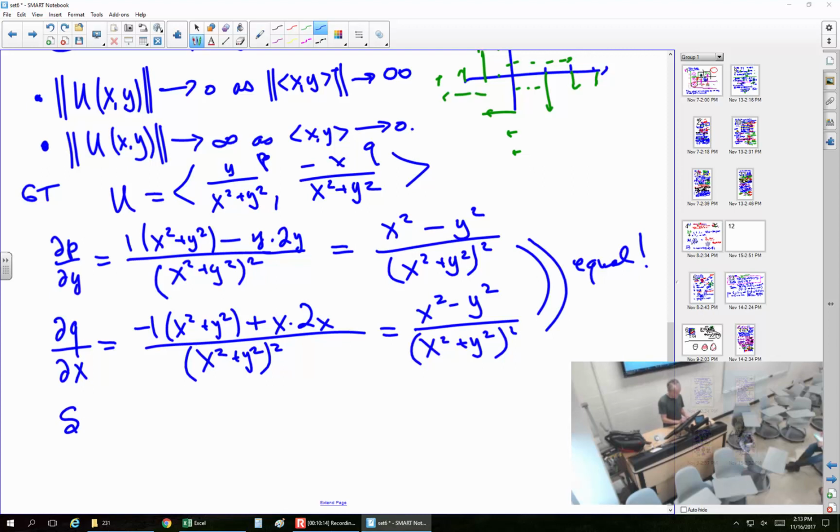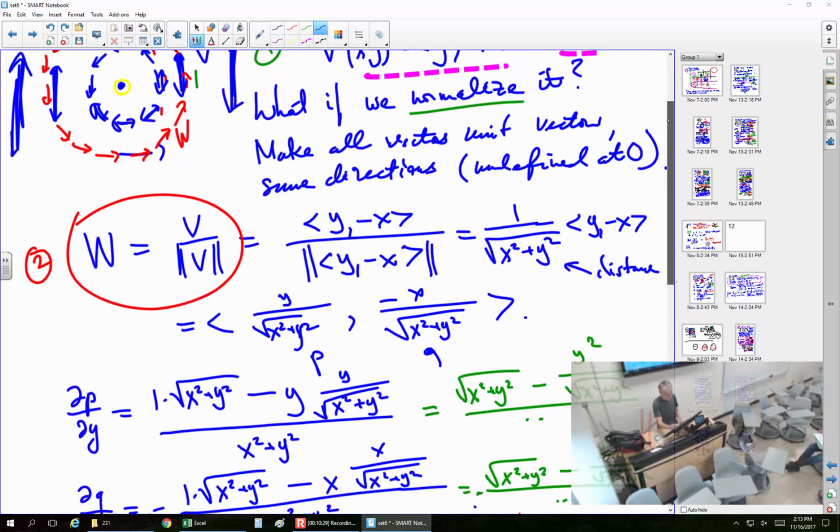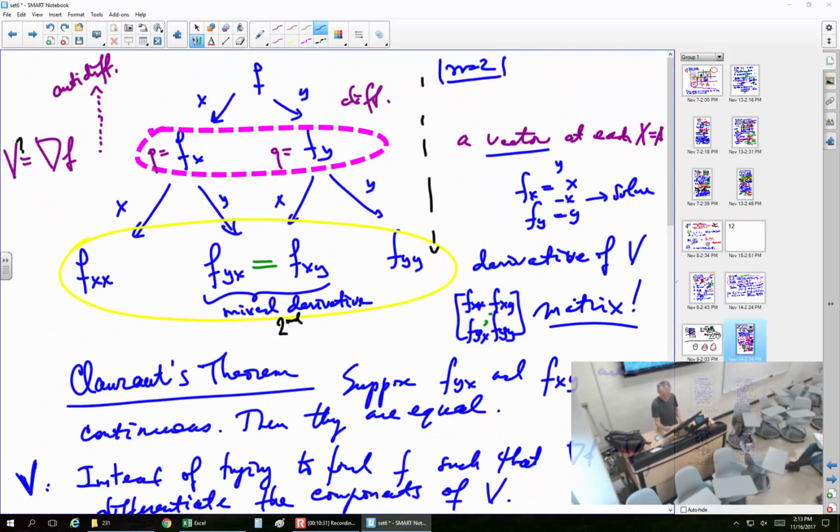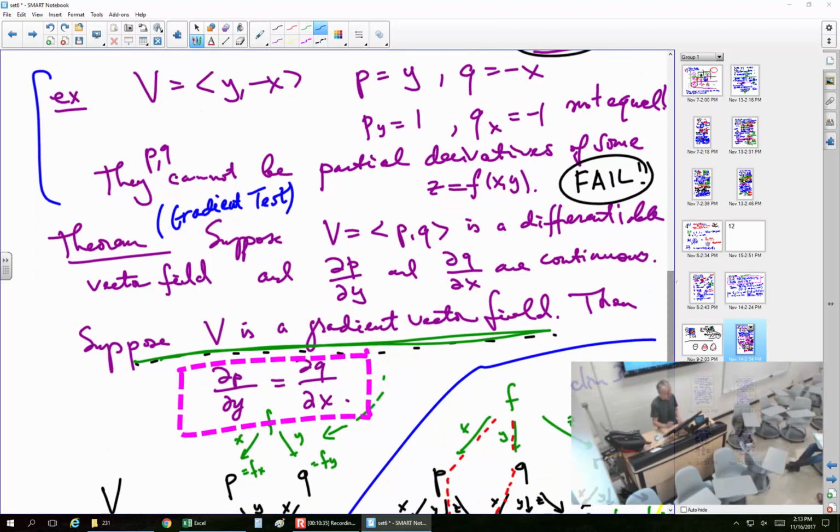So what's the conclusion? U is the gradient of the vector field? No. U is, it is a gradient vector field. No. Look at the theorem again. What's the conclusion?